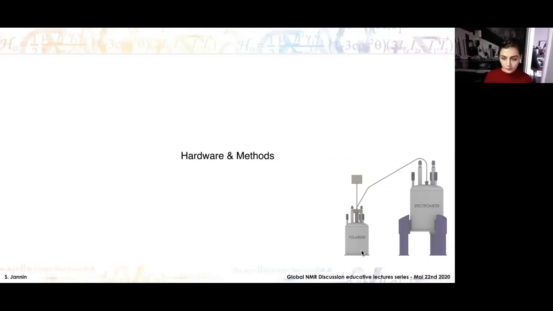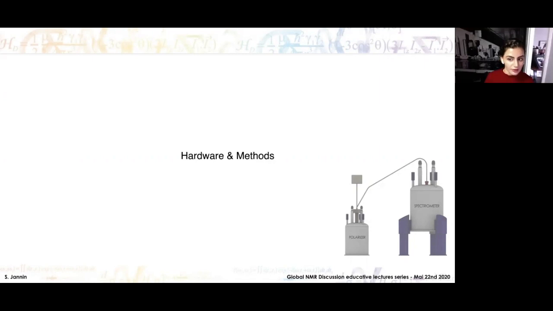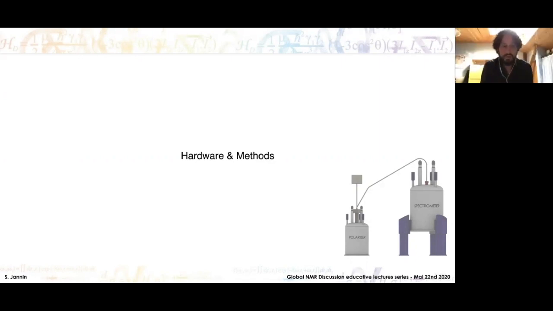What can be the interscan delay during the NMR experiment after the polarization? Sorry, I didn't hear you. What can be the interscan delay during the NMR experiment after the polarization? So in the NMR spectrometer, you can bring the interscan delay very short, with the problem that you're going to destroy your polarization every time you pulse.